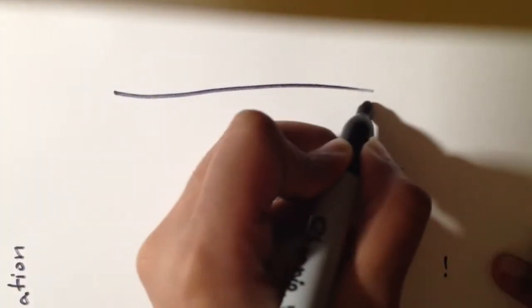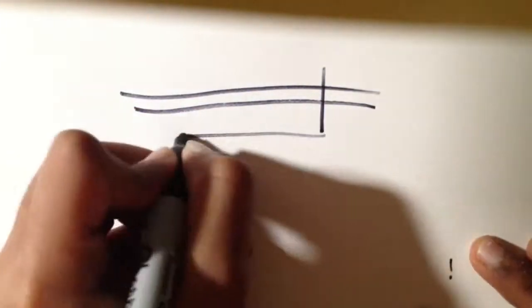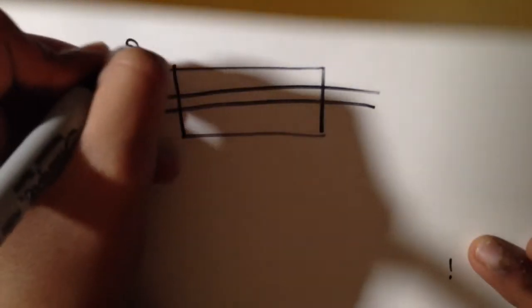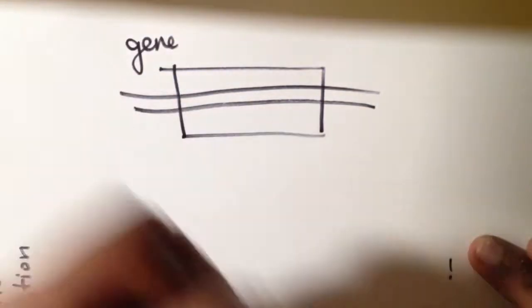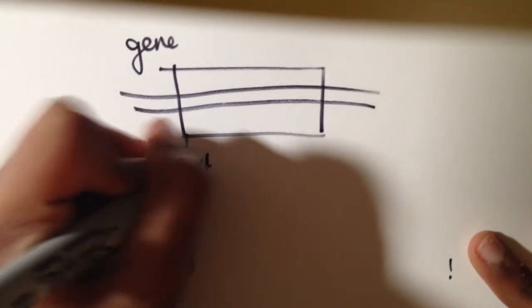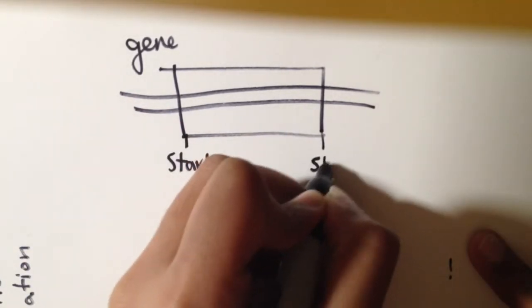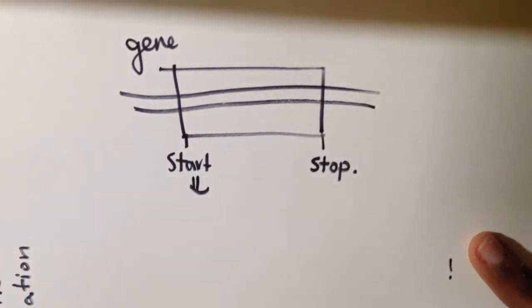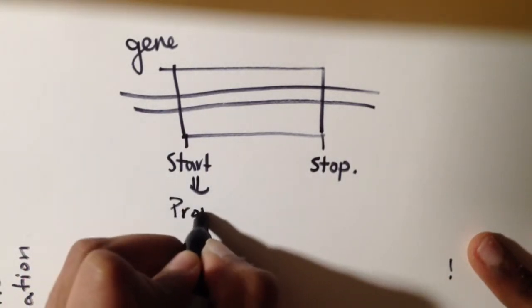Essentially, what we have here is DNA. Okay? And in this DNA, you have a little section called the gene. And this gene has a starting point and a stopping point. In the starting point, you have a thing called a promoter.